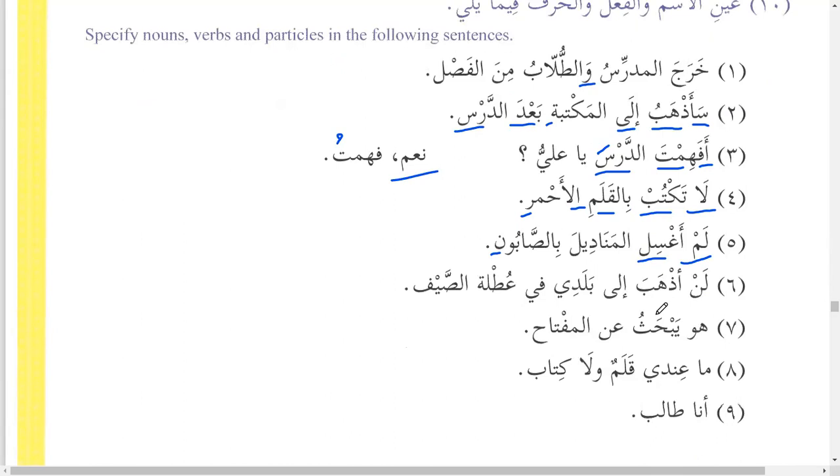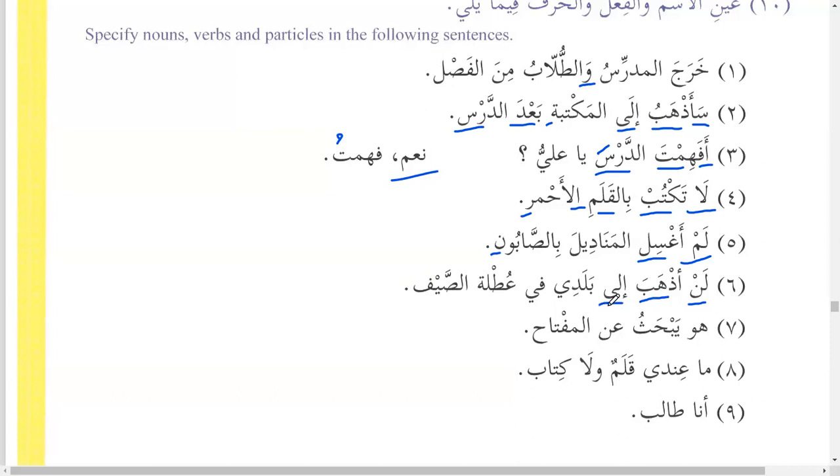Okay. Lan adhhabu. Lan is harf nasb, and also a harf of negation for the future. Adhhabu is a verb.